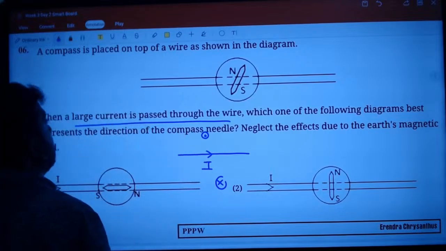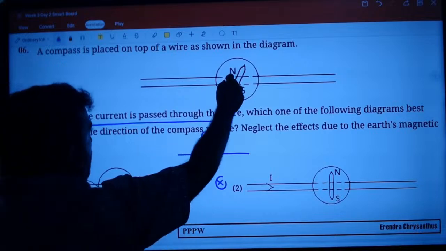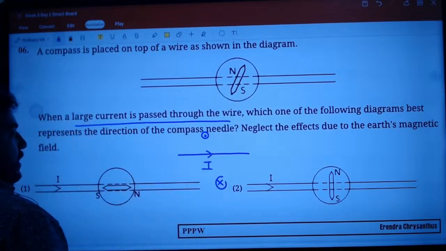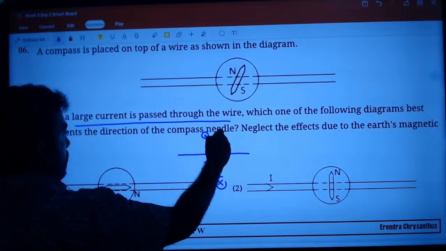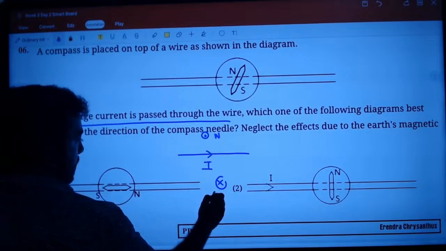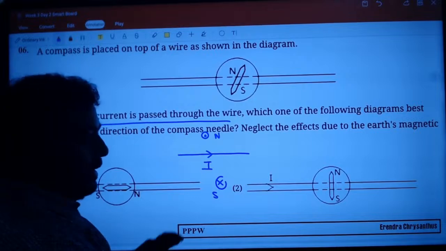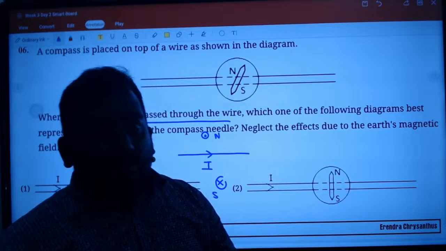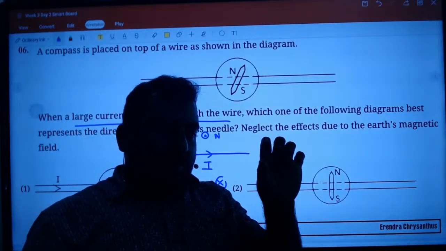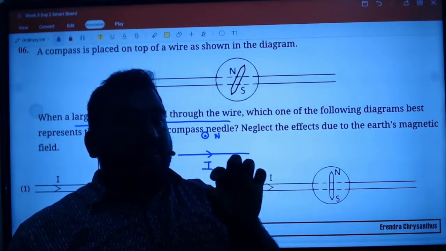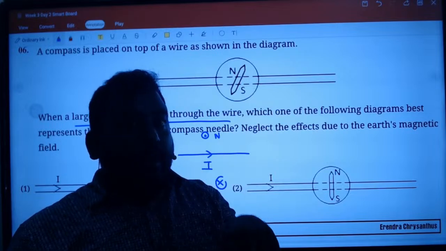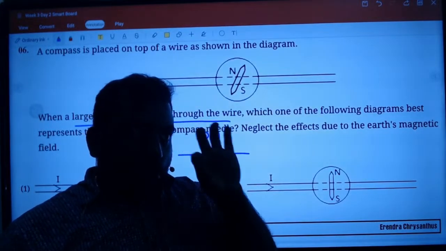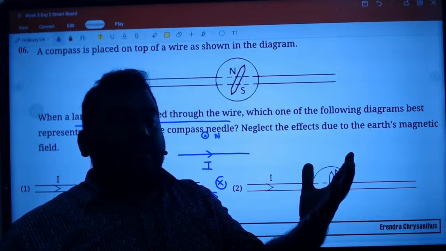Where is your north directed to? The geographic north pole is directed to magnetic south. Remember, geographic south pole is directed to magnetic north.